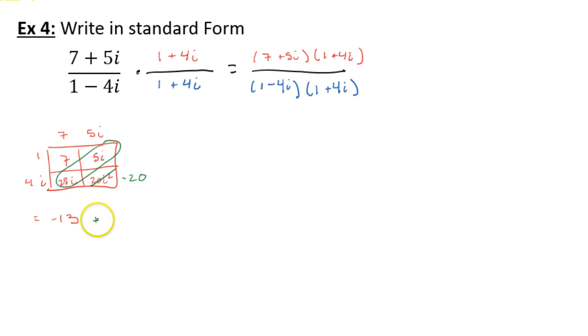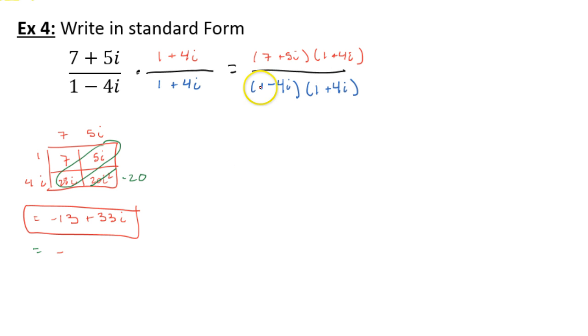That's 33, so plus 33i. So our final solution in standard form is negative 13 plus 33i. Let me actually write that in red just to be consistent. Plus 33i, and that would actually be our answer.